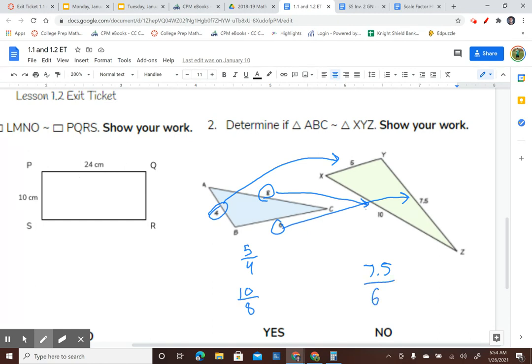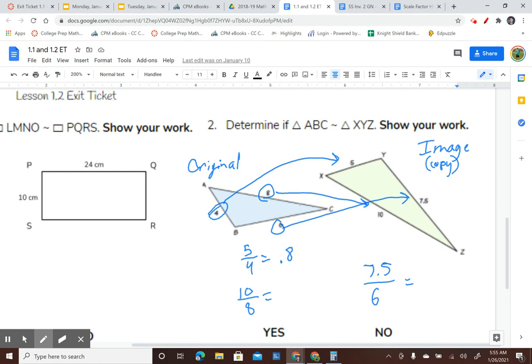In all these examples, we're taking our image or our copy and writing it over the numbers of our original to see what we have to multiply our original sides by to get to our copy, our second figure. So 5 divided by 4, that's going to give us 0.8.